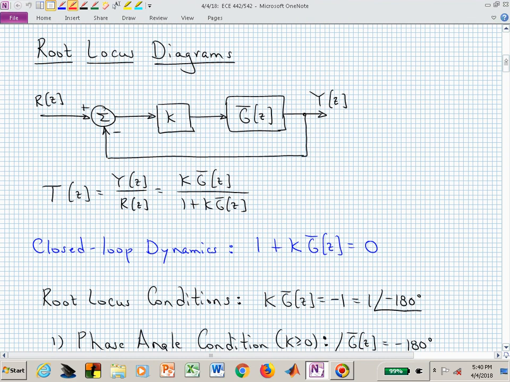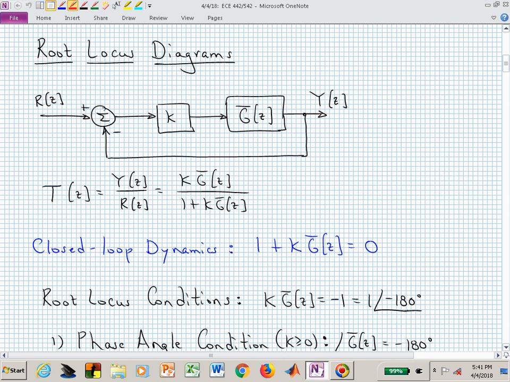The root locus diagrams are all based on this generic structure, on this fixed structure for the closed loop system. There's negative unity output feedback. We have the single gain parameter K extracted from maybe the compensator and the plant. That's why I'm labeling it as G bar.